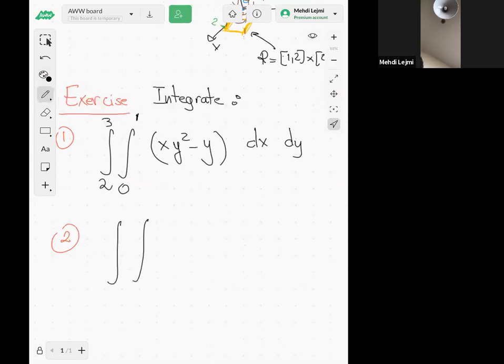The second integral is x over y plus y over x, dx dy, with y from 2 to 4.